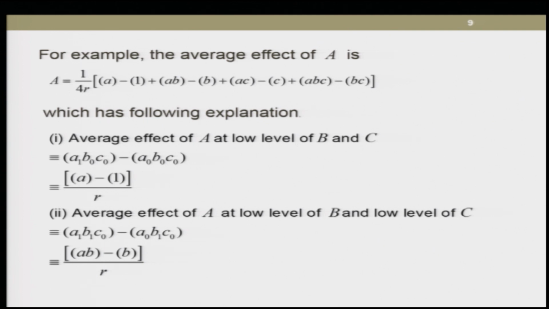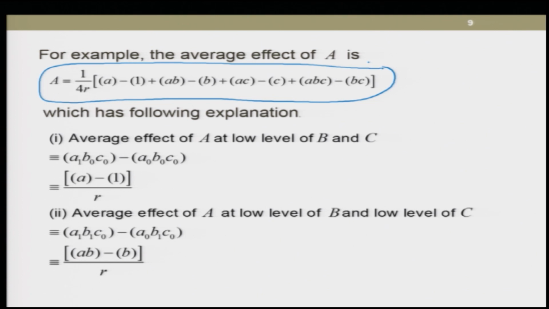For example, if you look at the expression for estimating the main effect of A, it comes like this. Now, the question is, how does this expression come into the picture? If you recall, in the earlier lectures where I considered the 2 square factorial experiment, I showed you how we computed the main effect of A and main effect of B by taking the average effect of some combinations.